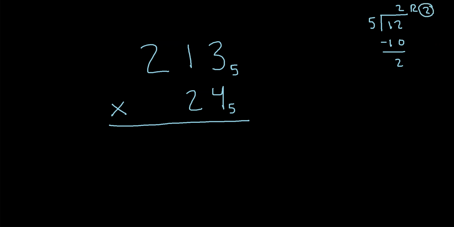And remember, whatever we get as the remainder is what we write right here. The whole number that we get from the division, the 2, will be added to the next column. So now we get 4 times 1, that's 4, plus 2 is 6. So we have to ask ourselves, how many 5s go into 6? Well, just 1. So 1 times 5 is 5, so we subtract a 5, and we get 6 minus 5 is 1. So we get a remainder of 1. So this 1, this remainder, is what we write right here, and the whole number that we got from the long division, the 1, gets added to the next column.